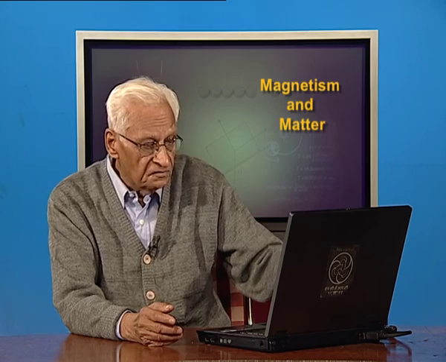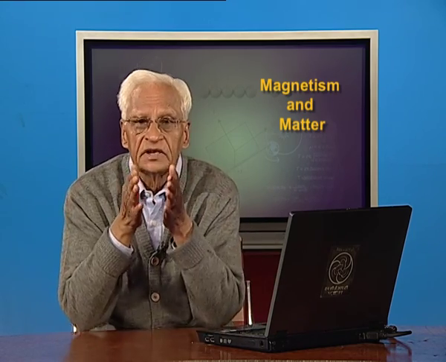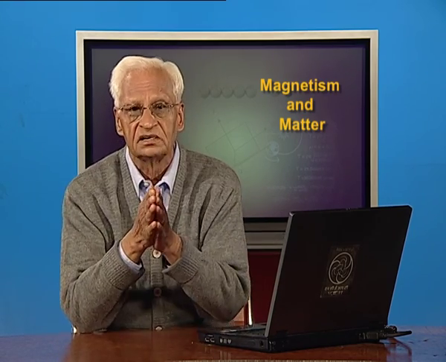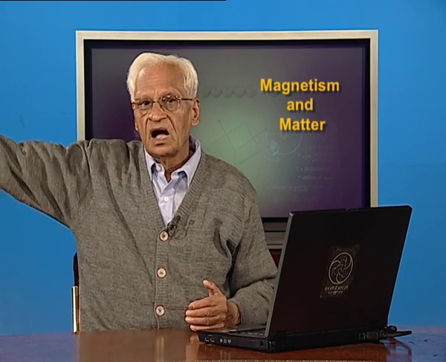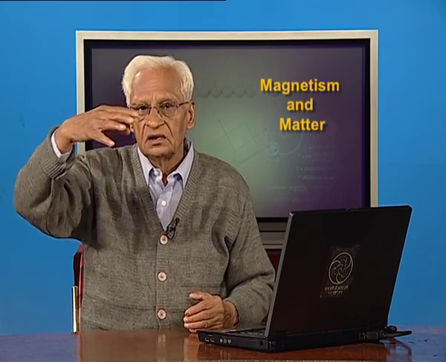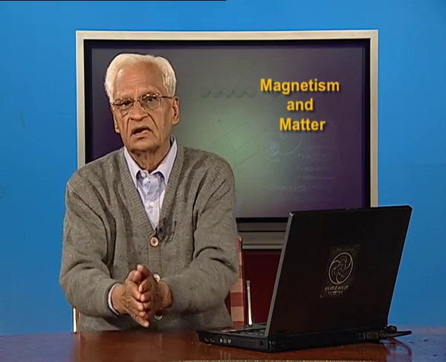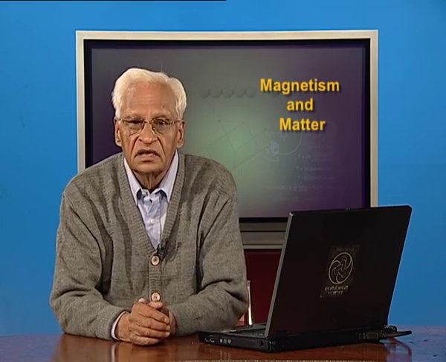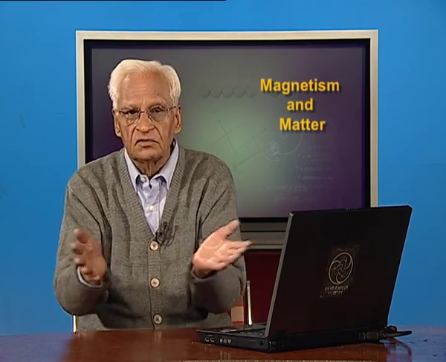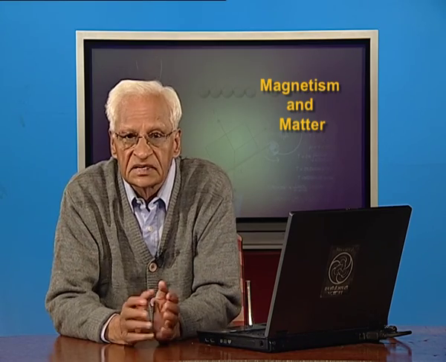More importantly, I told you that the magnetic field acts like a shield. It prevents high energy particles from coming to the Earth and affecting us. That is, we say that the magnetic field acts as a shield.